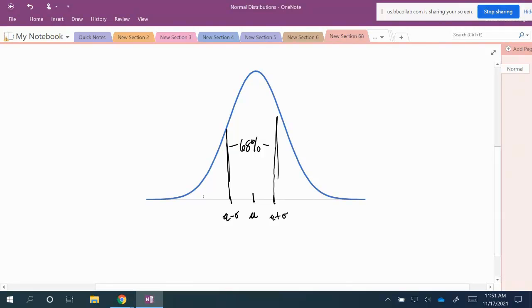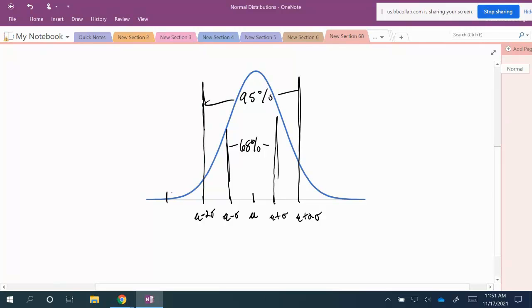If we go out two standard deviations about the mean, so here we have mu minus 2 sigma and mu plus 2 sigma. And between two standard deviations of the mean, we have 95% area or 95% probability.